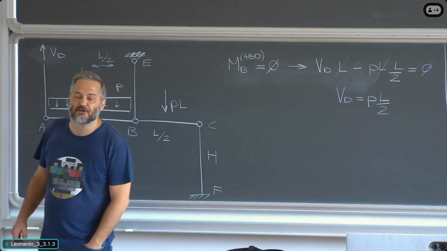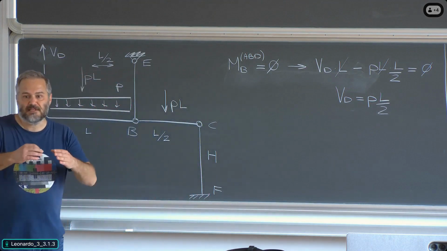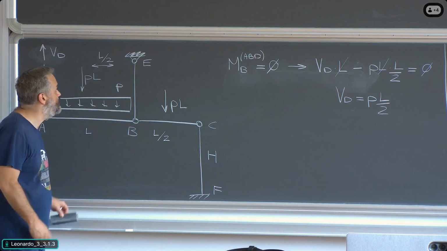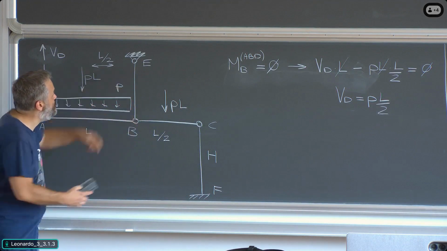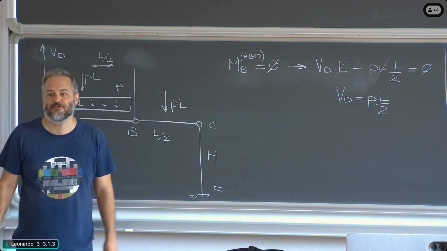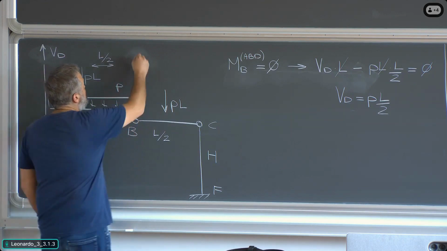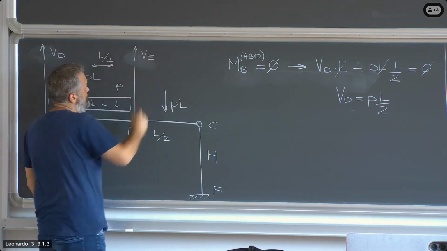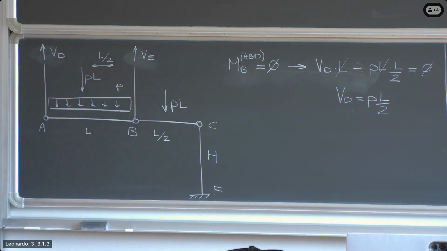What could a second equation be? We basically repeat what we did for the first member for the second member, BE. Now, if it's a truss member, it is subjected to an axial force only. So I can mark here a vertical force, which is VE. And what is the most convenient equation to write?